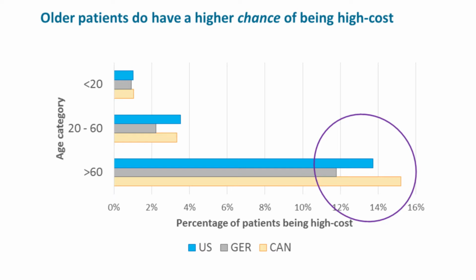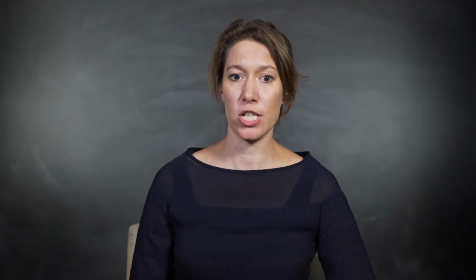One of it is that the older they are, the higher the likelihood of being high cost. And the other thing is that Germany, again, the gray bars, doesn't stand out that much from the US and Canada.